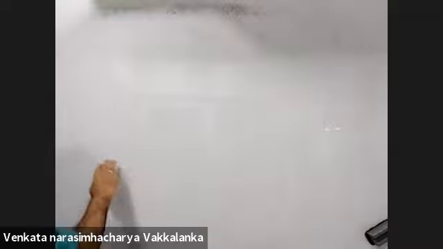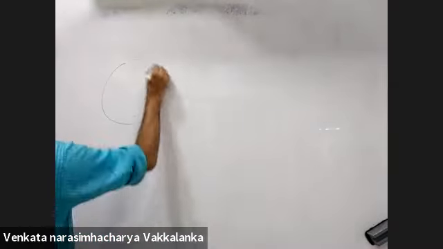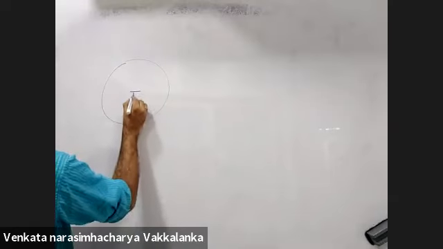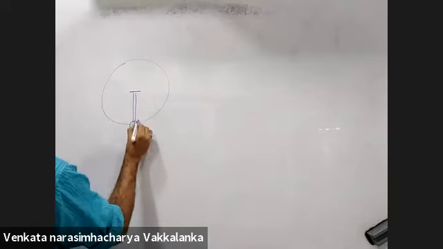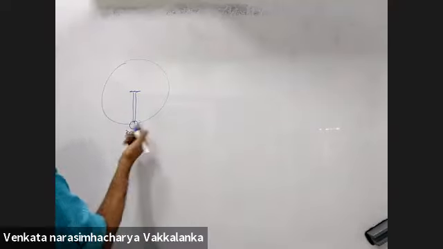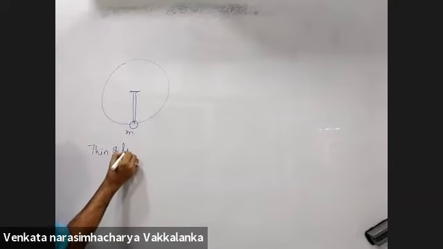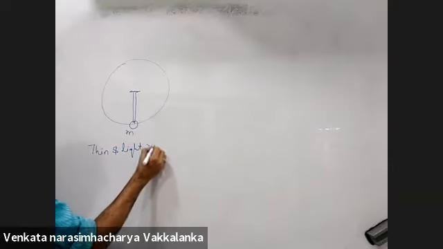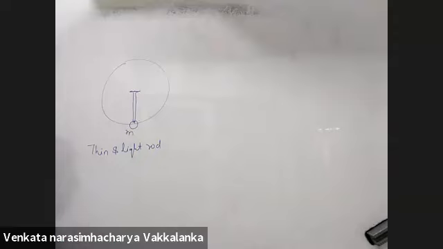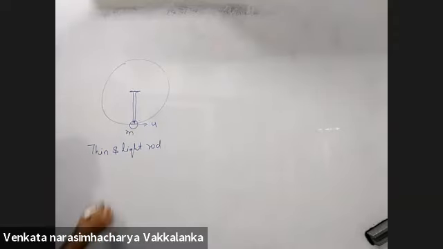Now listen, the whole scope of the problem changes if it is a thin rod. I'll take a thin and light rod temporarily. What is the minimum velocity you give so that it completes the circle?